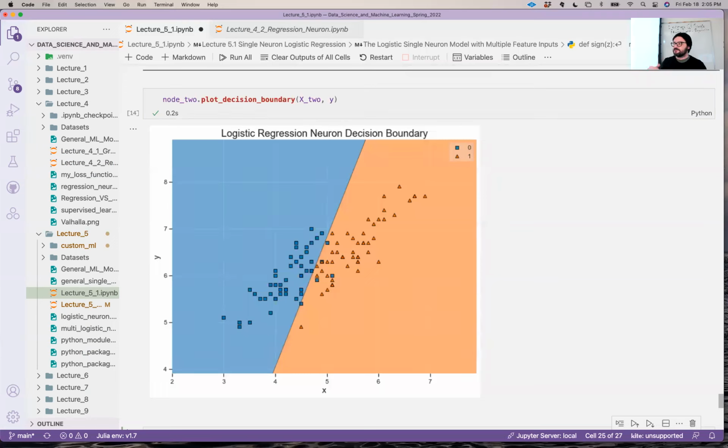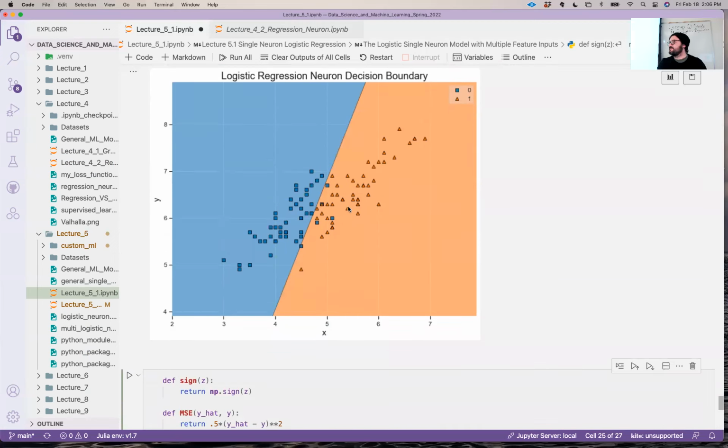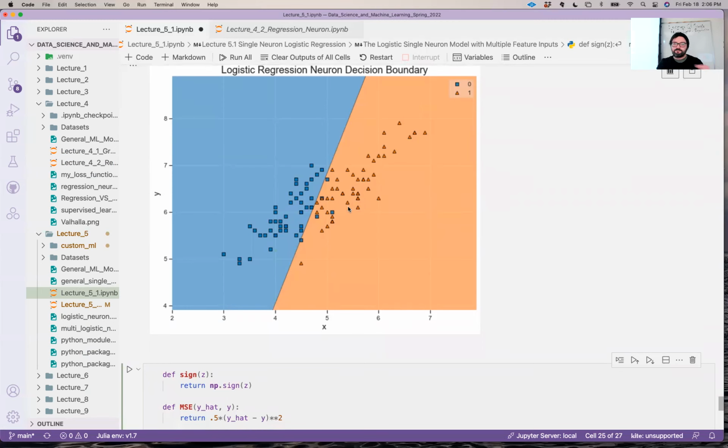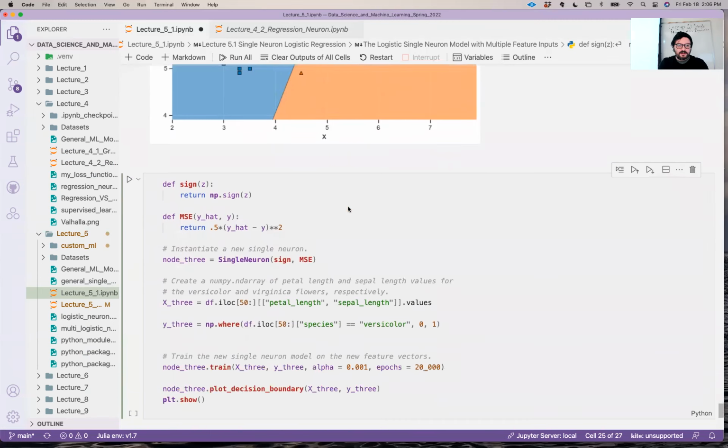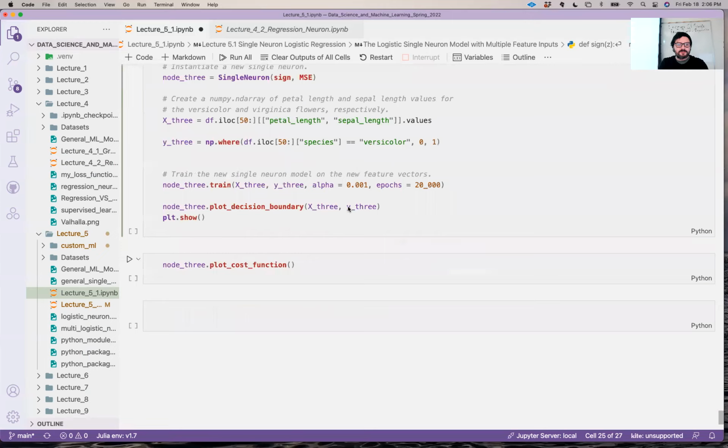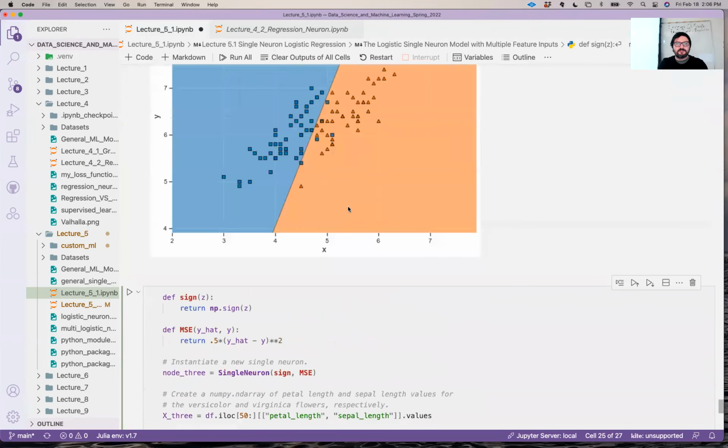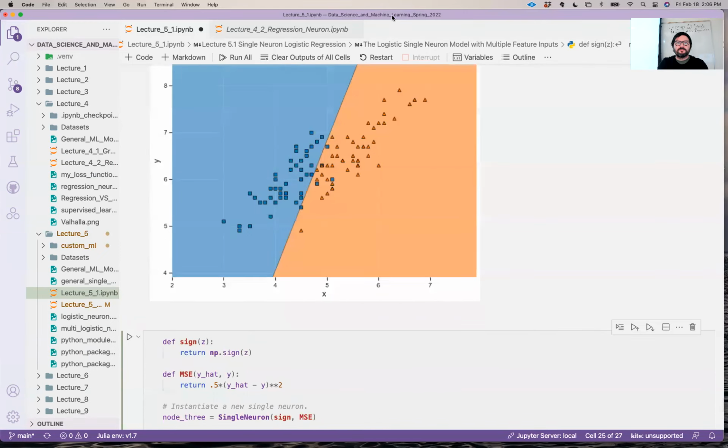Even though our output is a probability using the sigmoid function, the boundaries determined are given by that pre-activation. So this looks nice to me. I think this is a good place to stop the recording and take a break.